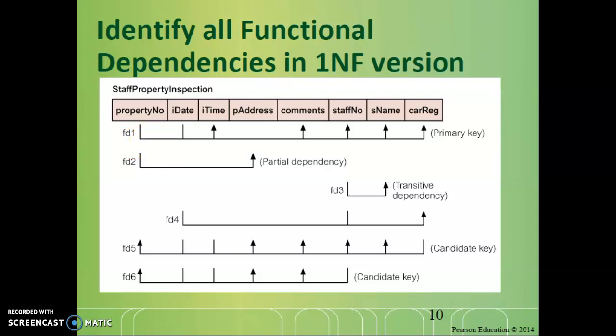So that is all the user has to think based on the table. After identifying functional dependencies and candidate keys, the next step is identifying the primary key. So we selected property number, idate as primary key.